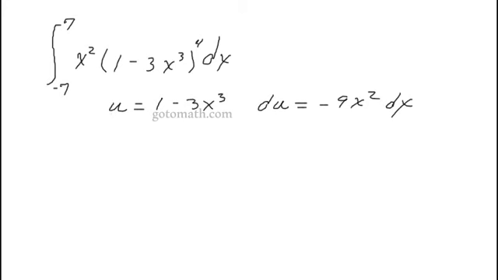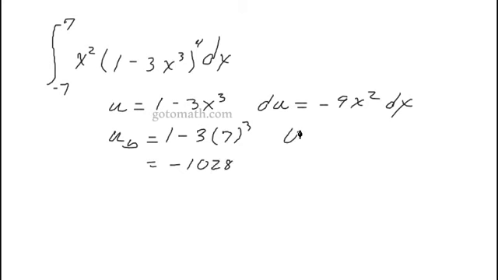And let's go ahead and convert our limits here. So we'll do the upper bound first, and this is 1 minus 3 times, we're plugging 7 in, so this is 7 cubed, and this number is nice and lovely. It comes out to be -1028, right?